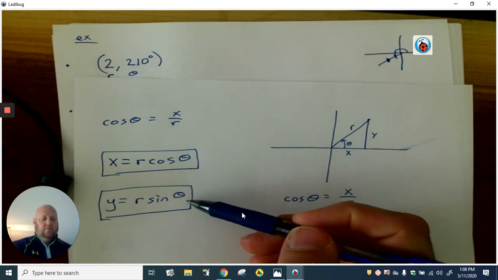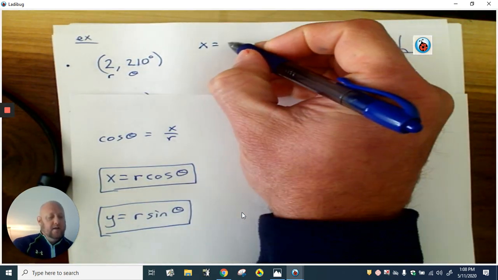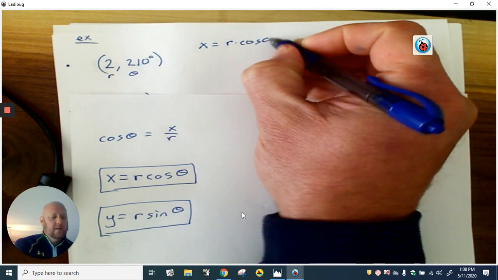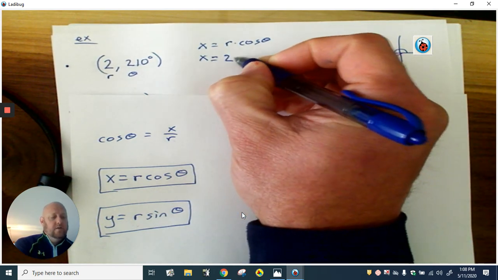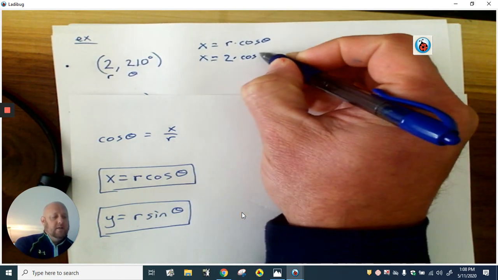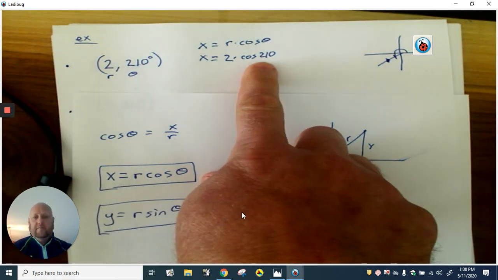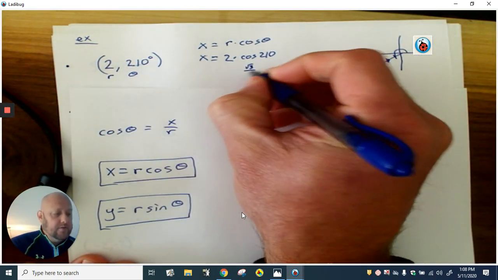use these two rules, where if I want to find the x value, all I have to do is take the r and multiply it by the cosine of theta. So I can go x is equal to 2 times cosine of 210 degrees. Now, here's where hopefully you remember your table, right? Cosine, that's a 30-degree reference angle. Cosine of 30 is equal to square root of 3 over 2.